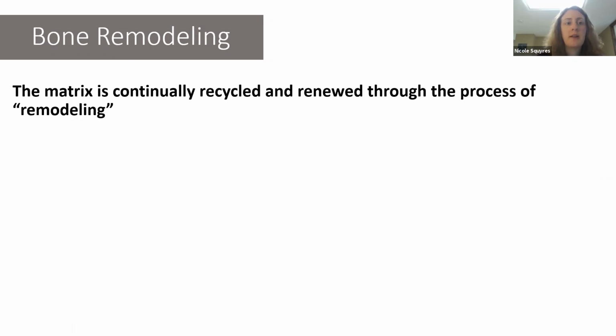So we tend to think of bones as these sort of static structures, but they are in fact not static at all. Bone is living tissue, just like all the rest of the tissue in our body. And what actually happens is the matrix of bone is continually recycled and renewed through a process called remodeling.